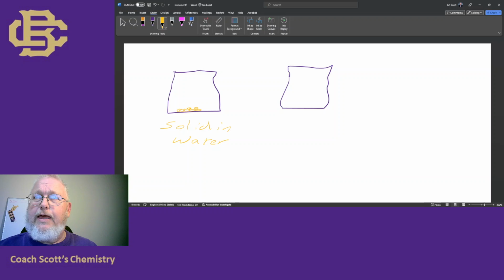All right. And so this is in water, so I'm going to need to account for the water particles, right? All right, so that would be my penny. Let's do our water particles. Let's use purple for those, right? So water, they're not as tightly together, so they're able to flow against each other. They're a little bit more free, a little bit more space in between them, right around that metal penny.